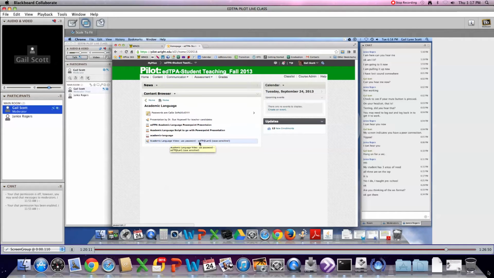And you click on this link, and then you have to use this password, case sensitive to view. When it asks you for a password, ED, capital T, capital P, at, capital L, A, N, capital G is the password. Okay, so here are your resources for academic language.